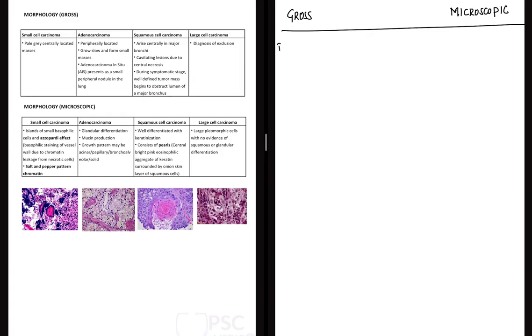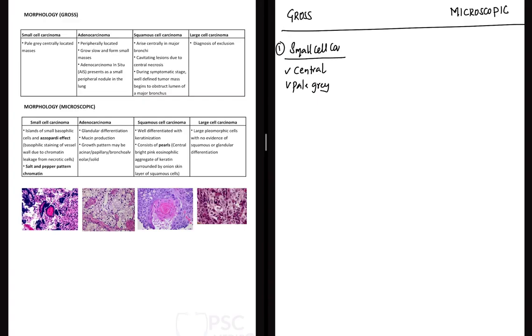First we'll start with the more frequently asked question in the exam, that is small cell carcinoma. So you will see the tumor which is located centrally. I'm talking about gross. Centrally, and on gross a pale gray appearance of the tumor is seen.